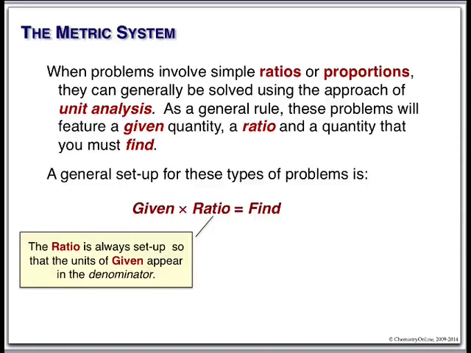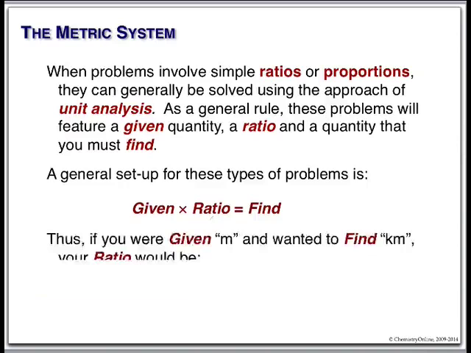You try to define what number is given. Then you figure out the ratio that's going to relate the given number and what it is that you're trying to find. The ratio is going to be one of these metric units that we just did. Although this is general enough, you can use it all the way through all of your chemistry. It's a very general algorithm.